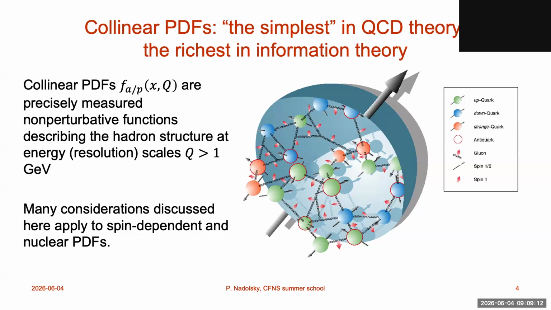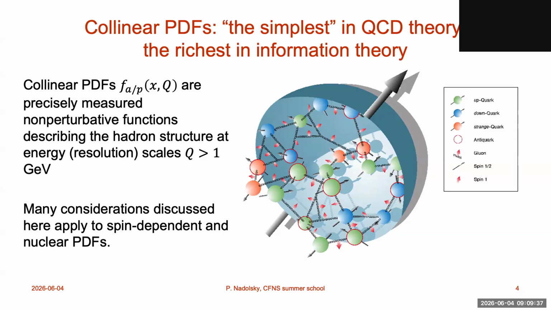And so there is lots of very intricate information that describes them at a high precision level. The data science or the information theory that describes these parton distributions is the richest, because we try to measure them with an accuracy of about a couple percent.